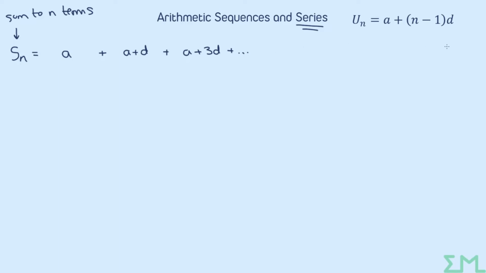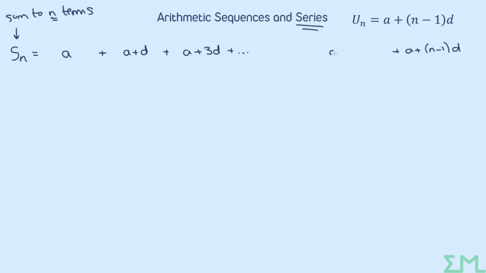So I'm going to go all the way to the end of my series, and the very last term to add on would be the nth term because I'm summing to n terms. My nth term is a plus n minus 1d, so I can pop this on the very end. Now the term before that is going to be minus d off of this term, so one less lots of d.